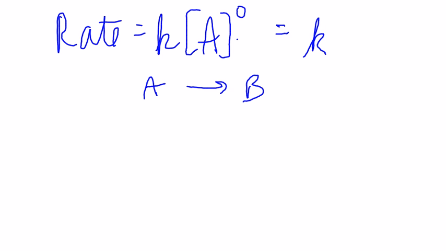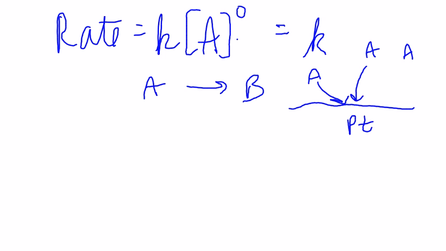Well, there are certain different catalysts that exist. Let's say A has to land on the catalyst, if it's a gas, in order to react. That landing on the catalyst may be the rate determining aspect of this reaction, and so it may not depend on A's concentration at all.